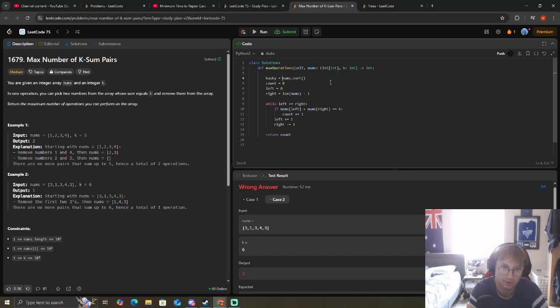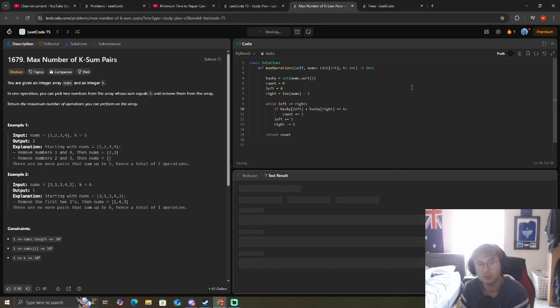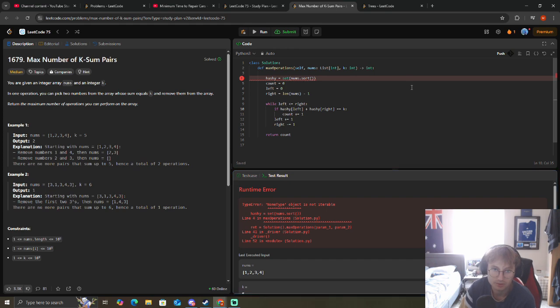Hashy, to get rid of the duplicates, hashy is equal to set nums.sort. Instead of nums, we call this hashy. I call this one hashy. Curious, will that work? Get rid of our duplicates. Object is not iterable. What?